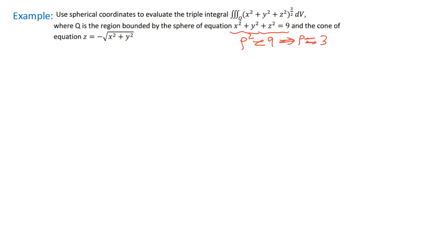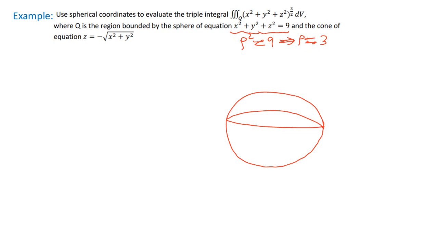So you have a full sphere with radius 3. Now we have a cone. As I said, because of this minus, it goes downstairs. Why? z is minus, so it's less than or equal to 0.